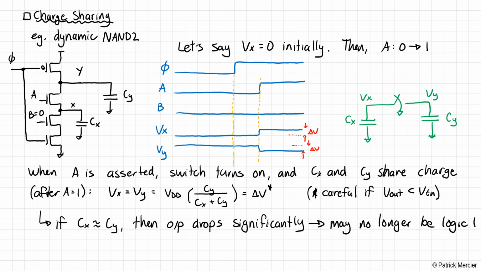Okay, so we really don't want the output to fall simply because one of the other inputs that's not causing the output to fall, by the computation of the logic function, decreases. Okay, so we really don't want the output to decrease other than when the pull-down network fully turns on. Okay, so this is definitely a problem. So there has to be a solution to this.